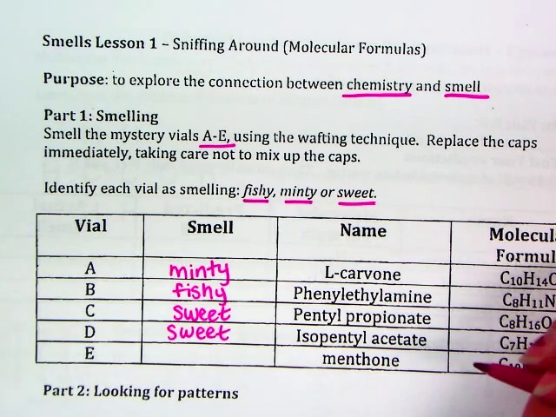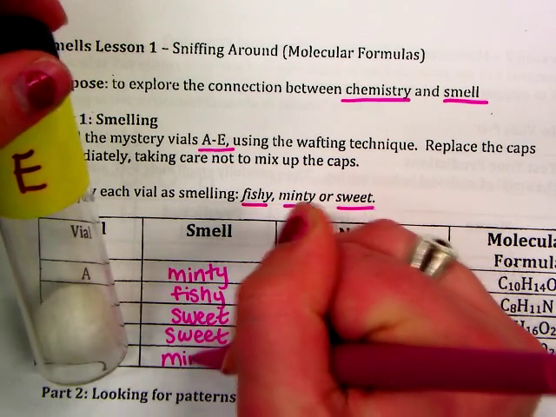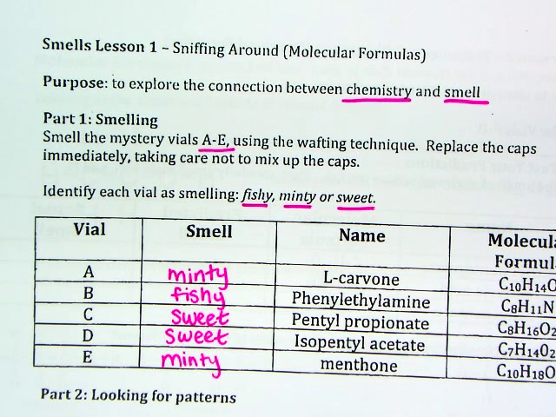And vial E had, again, a minty smell. So every vial had a different chemical in it. We want to look at these different vials and the smells that they gave us, along with the molecular formula and names for each vial, and pick out some patterns about smells. What made some chemicals smell sweet versus other chemicals smelling minty or fishy?